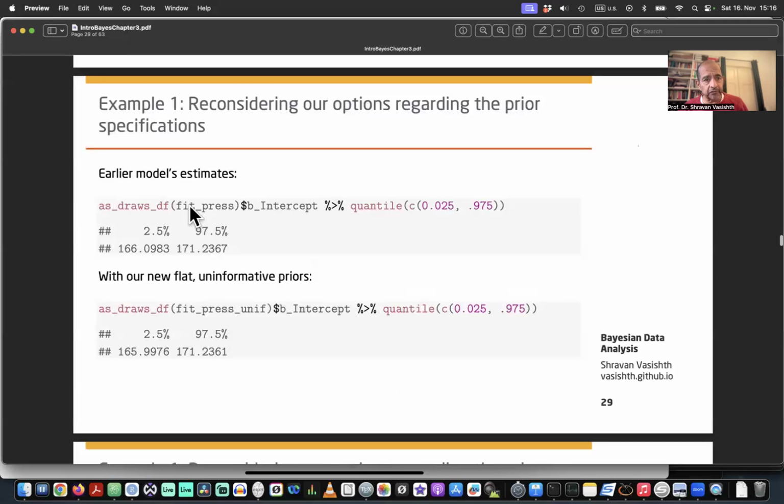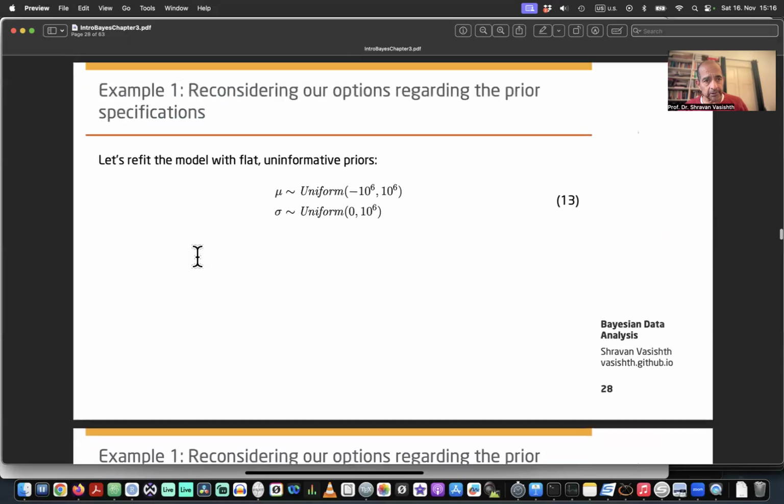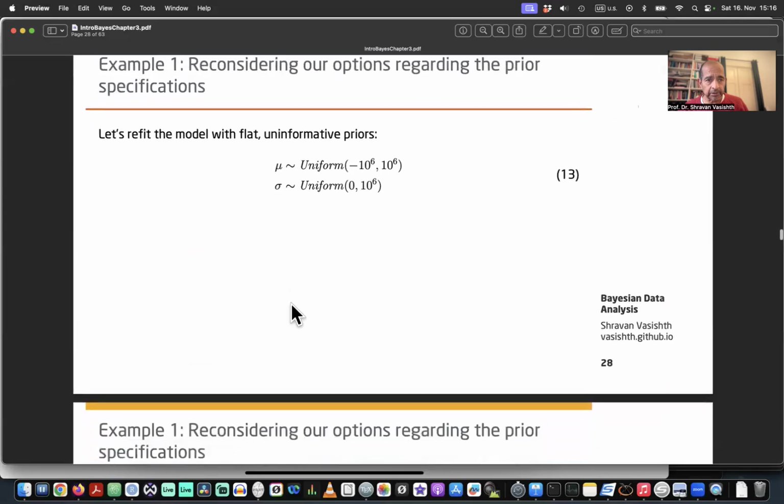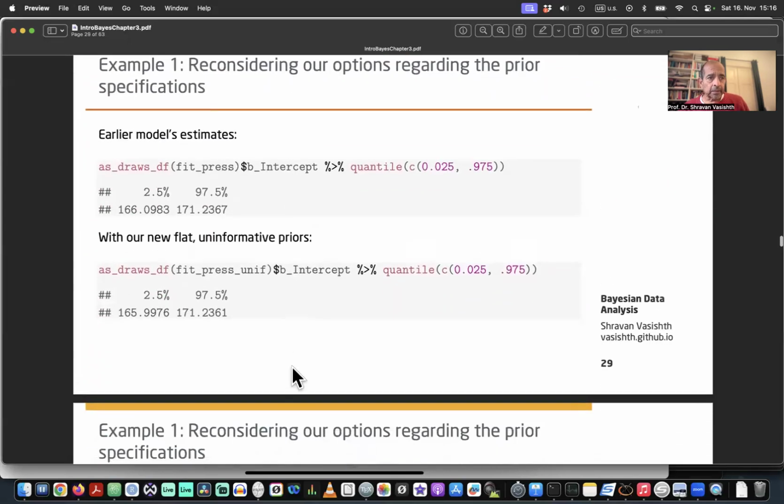So let's say we fit the model with these priors. The earlier model estimates that we had look like this. This was the fit press model with the uniform priors. If you look at the 95% credible interval, you see that it ranges from 166 to 171.